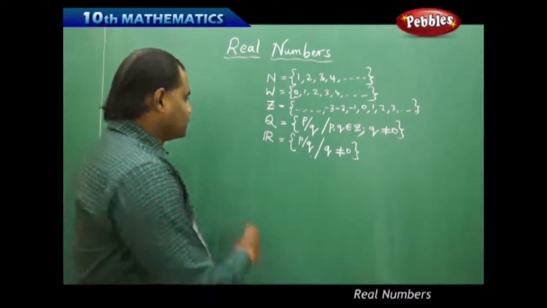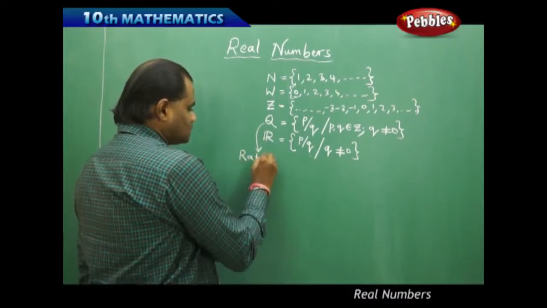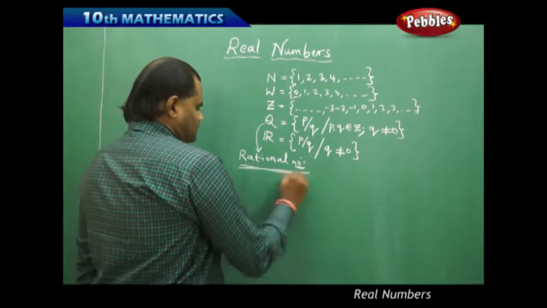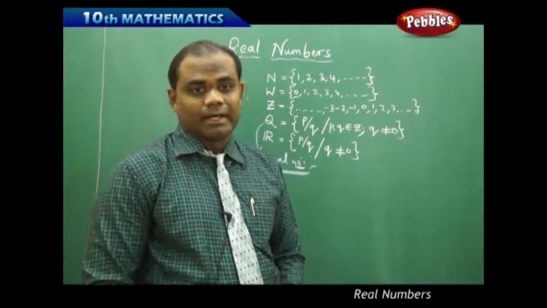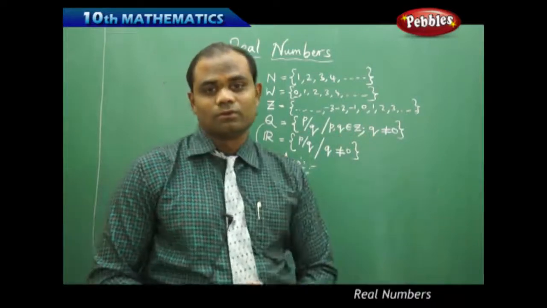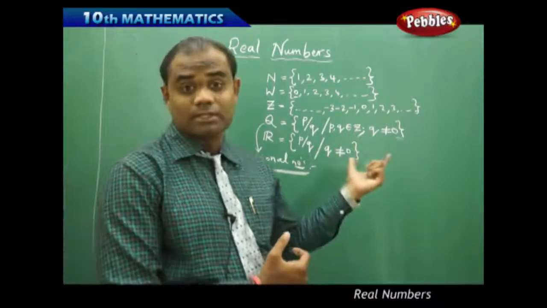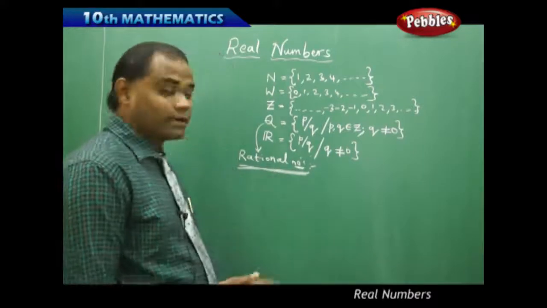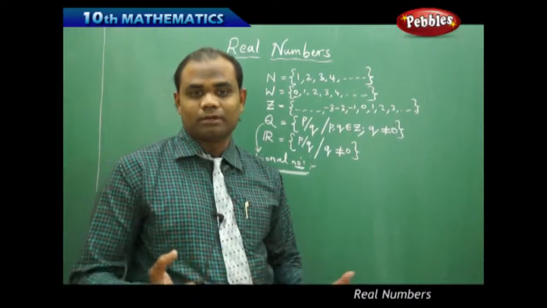Now to come more briefly to Q, we call Q the rational numbers. So what are rational numbers? More briefly, as defined here, p by q such that p and q belong to Z and q is not equal to 0. Let's take some examples as a recap of the topic already discussed in previous sessions in the lower classes, and see what type of numbers are rational numbers and what type are not.